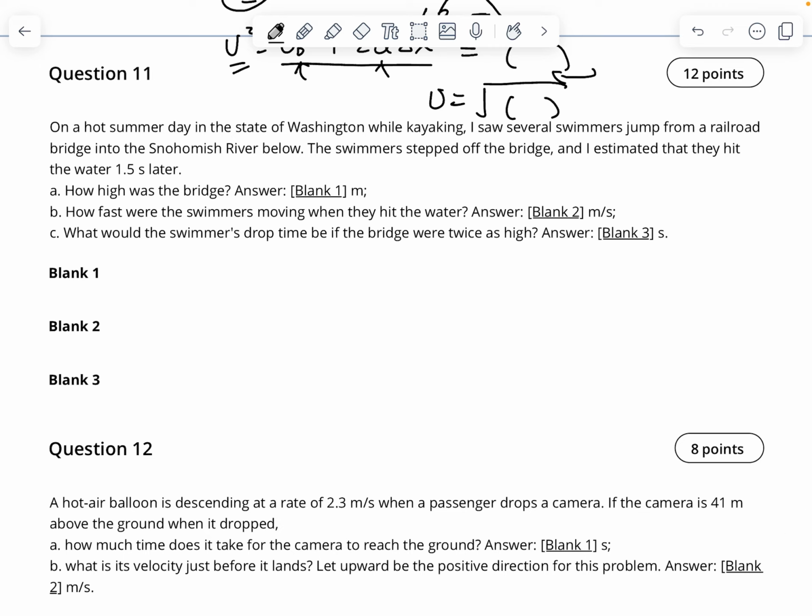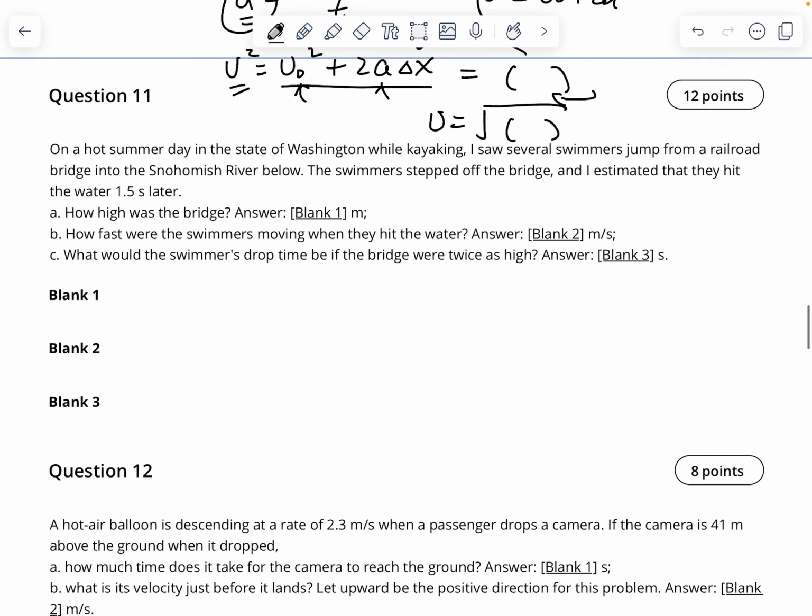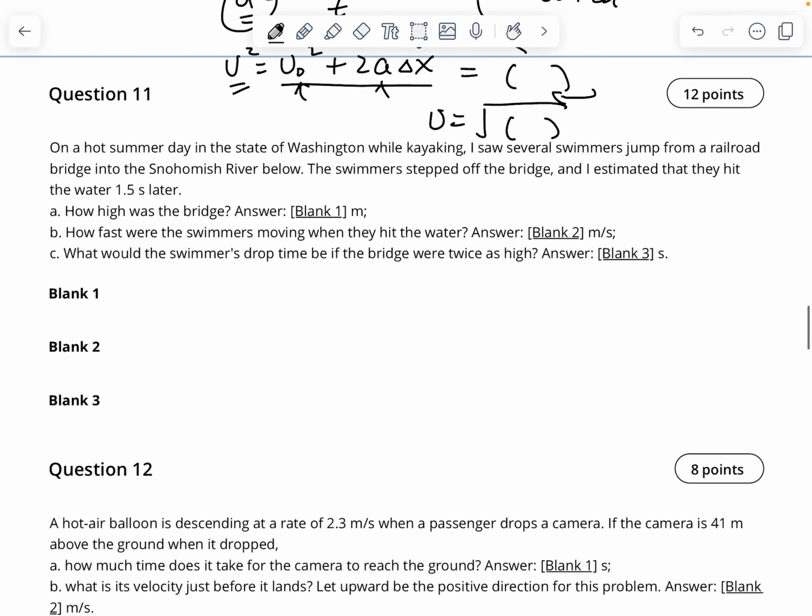All right, next one, 11. On a hot summer day in the state of Washington while kayaking, I saw swimmers jump from a railroad bridge into the Snohomish River below. The swimmers stepped off the bridge and I estimate they hit the water 1.5 seconds later.